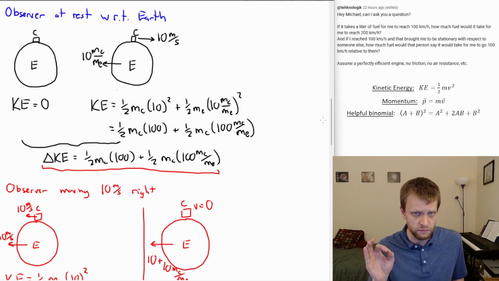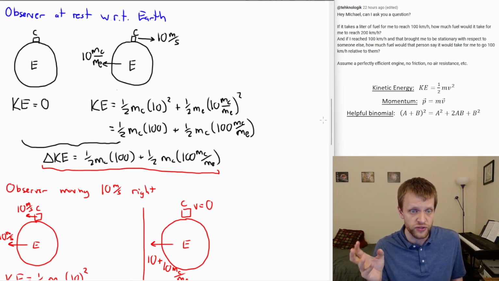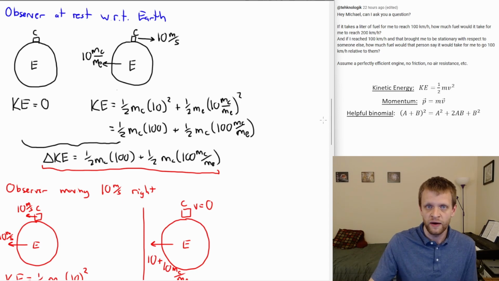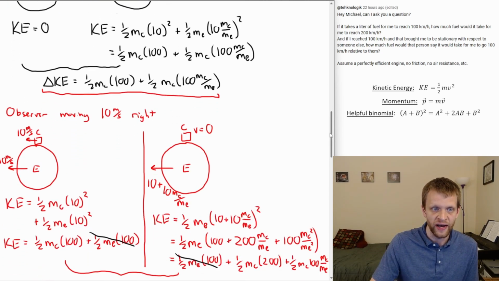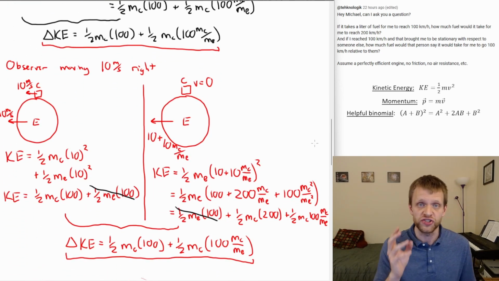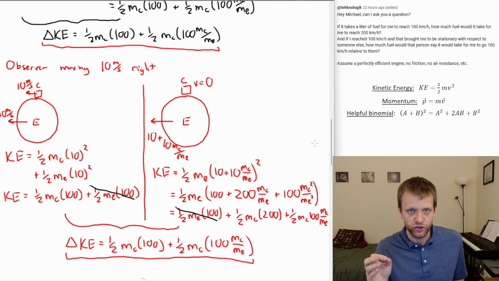In both cases, it doesn't matter which of those reference frames I used, they both agree on how much kinetic energy had to be added to the system. And that kinetic energy is coming from the burning of the gasoline. Okay. So at least in this first part, we do get consistent results between these two different observers.